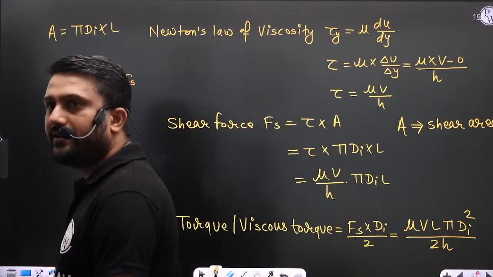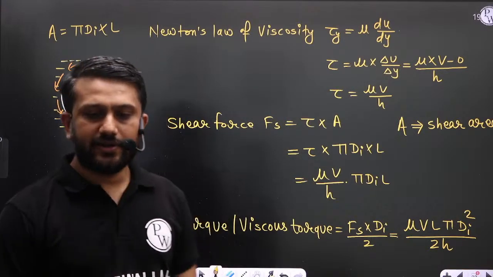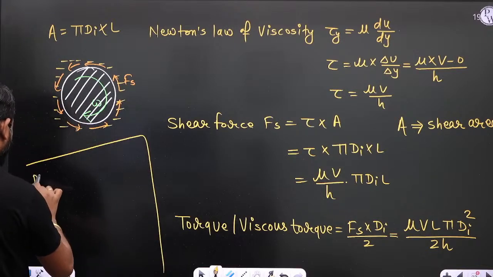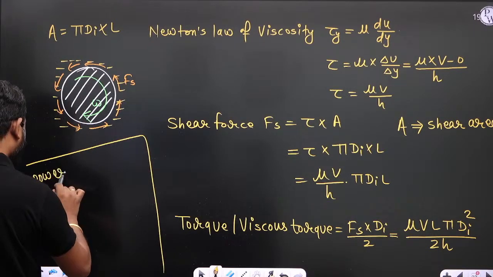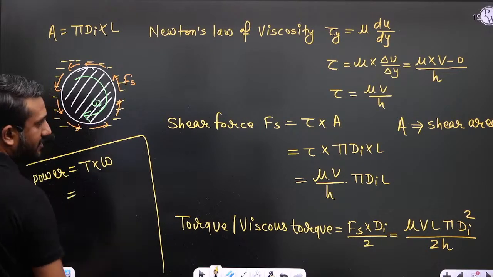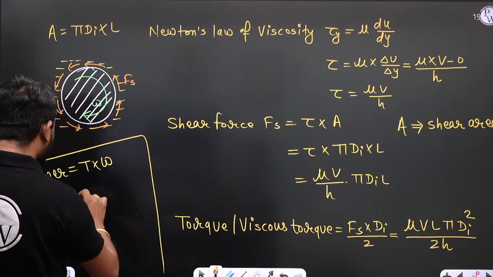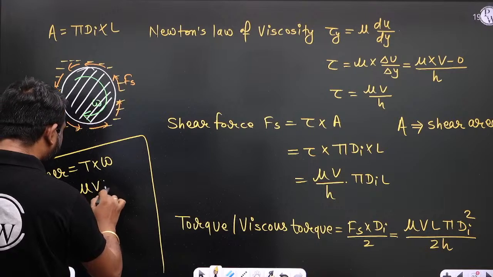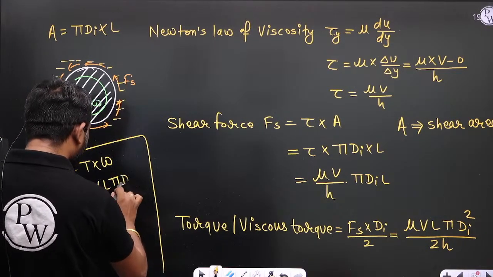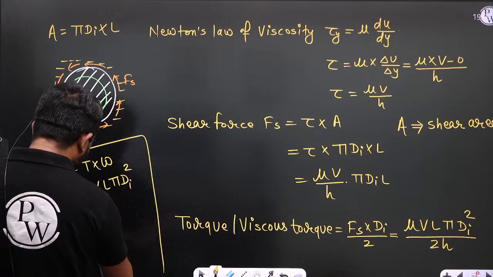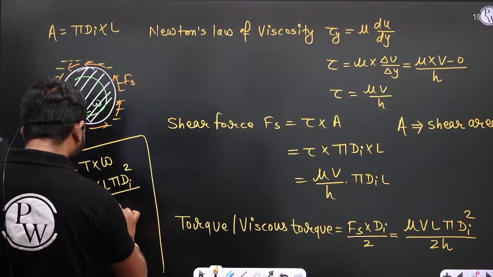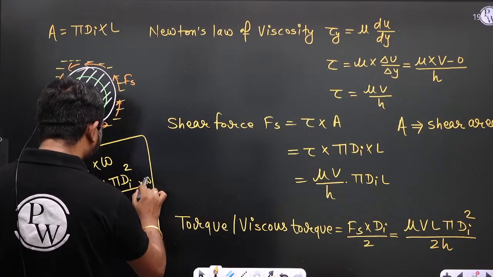Now what is the power? Tell me, what is the power required to rotate the shaft? This is T multiplied by omega. So that is mu V L pi Di square divided by 2h, into omega.